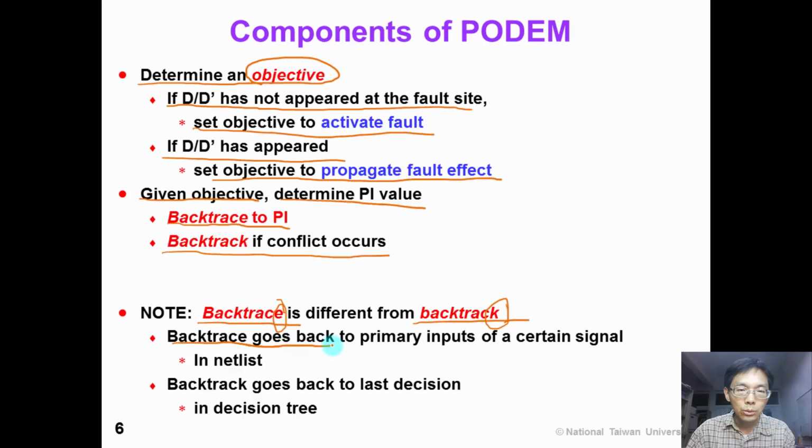Backtrace means that we go back to a primary input of a certain signal in the netlist. On the contrary, backtrack means that we go back to our last decision in the decision tree.